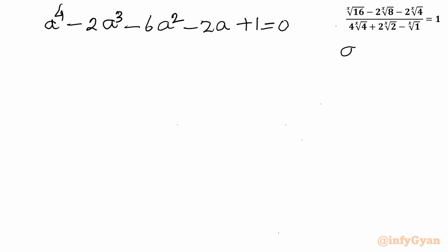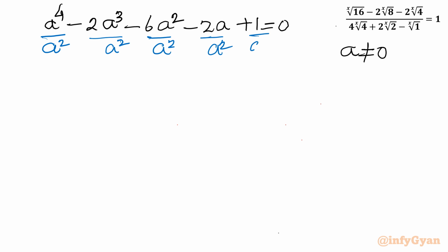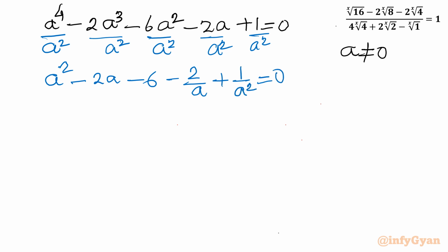As you can see, a is not equal to 0, so we can divide this equation by a square. Now the first term I will be writing a square, minus 2a, minus 6, minus 2 over a, plus 1 over a square, equal to 0.